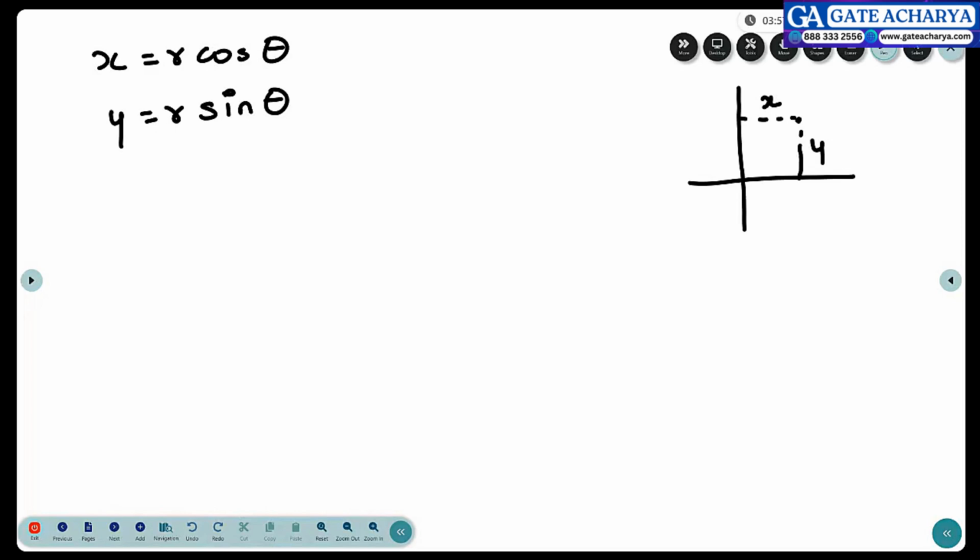In the polar system, a point is located like this: this is the radial distance and this is the angle of this radial distance with respect to the x-axis, using r comma theta. To convert from Cartesian to polar, replace x by r cos theta and y by r sin theta.